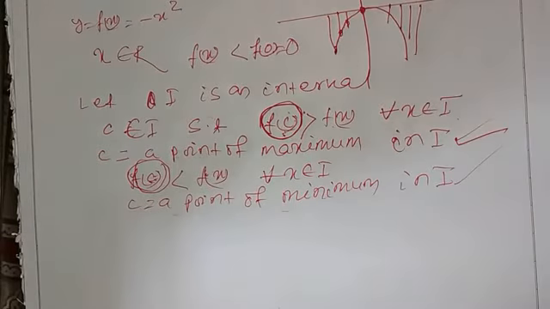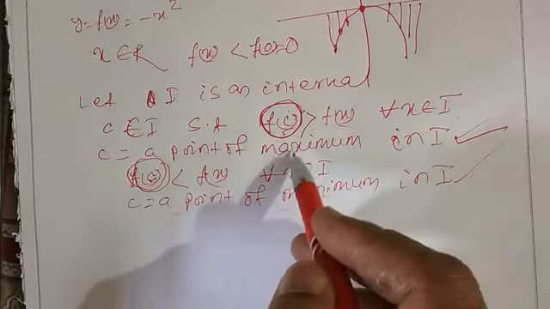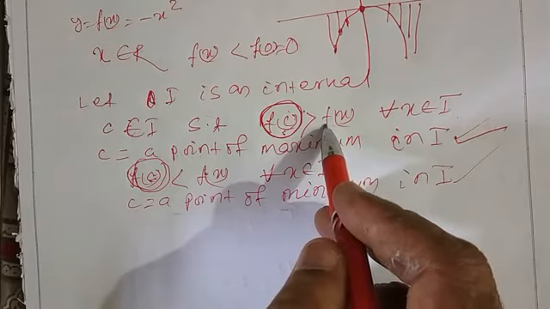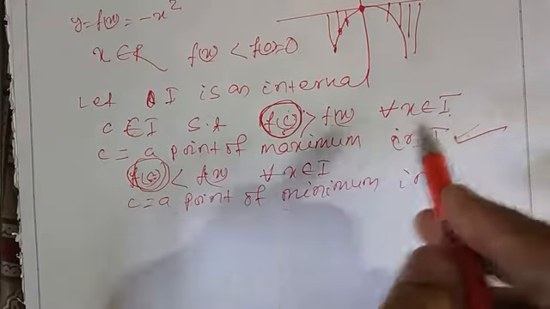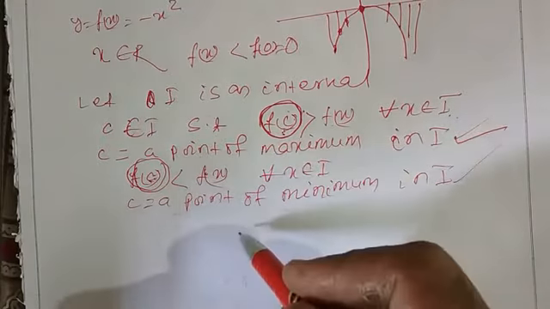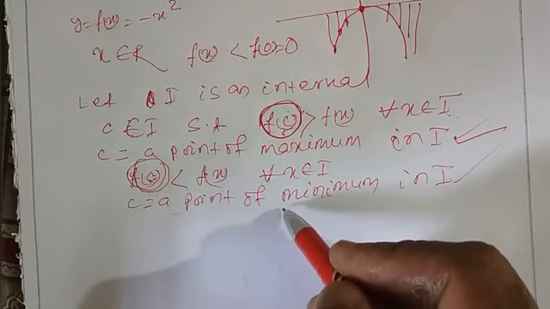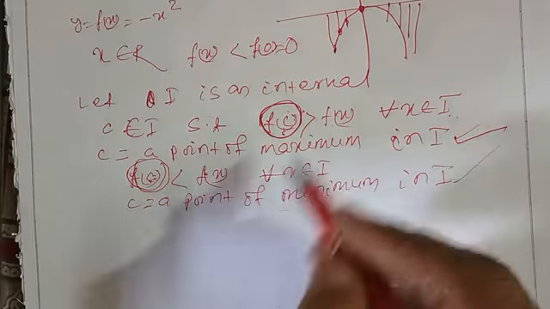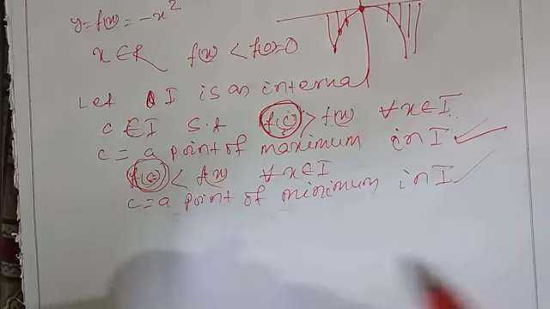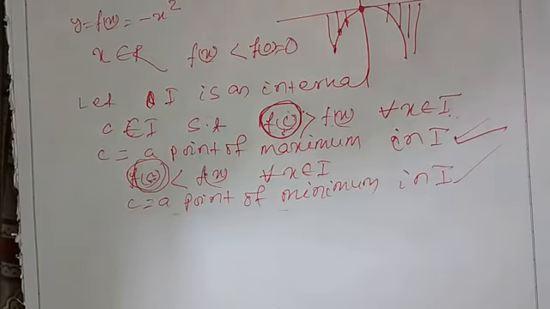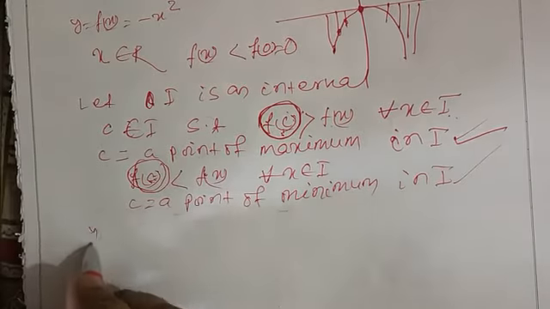Getting the idea? Now, if by chance f(c) is greater than f(x) somewhere in I, and in the same I somewhere f(c) is less than f(x), then in that situation we say the function has neither a maximum nor a minimum in that area. Now let me consider y equal to mod x.